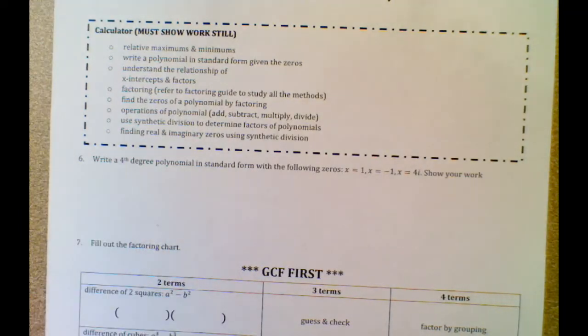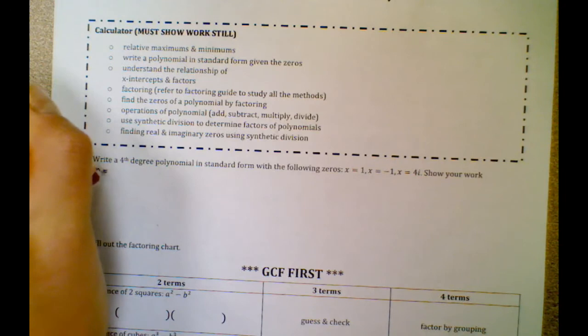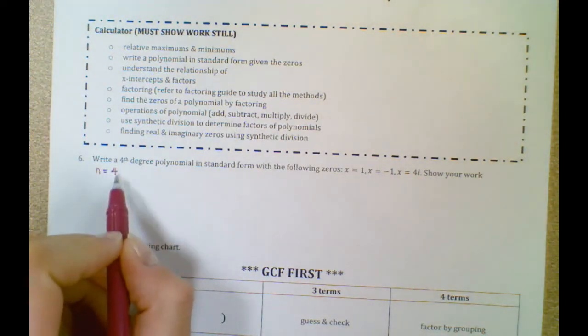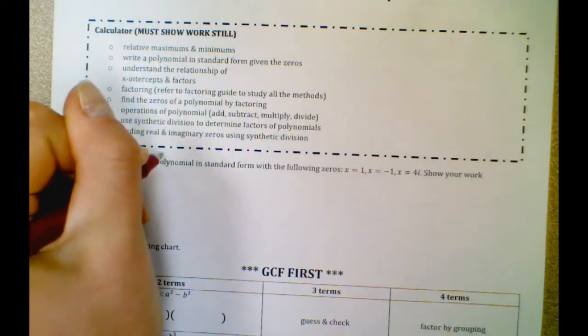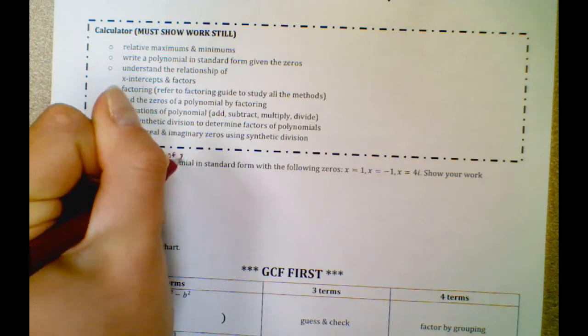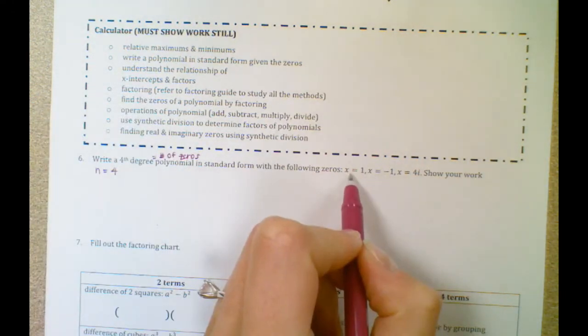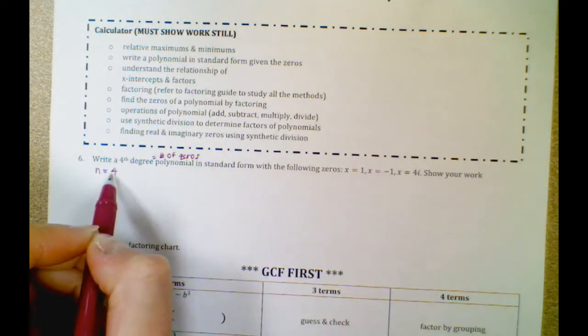It says write a fourth degree polynomial in standard form with the following zeros. Now remember, when we say that n is 4, that's the fourth degree. But remember, we learned that the degree equals the number of zeros. If I look at my zeros, those are your x values, I have 1, 2, 3, but I'm supposed to have 4.